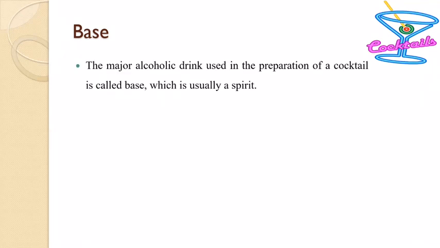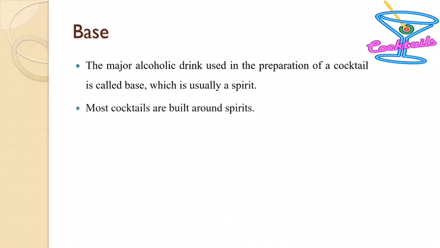Now, what is a base? Everything that has to be built is supposed to be built on a certain base. Hence, whenever we want to build a cocktail, we need a base. And what is the base? A spirit is the base. Any alcoholic drink that is used in preparing a cocktail is usually known as a base. These bases are spirits.